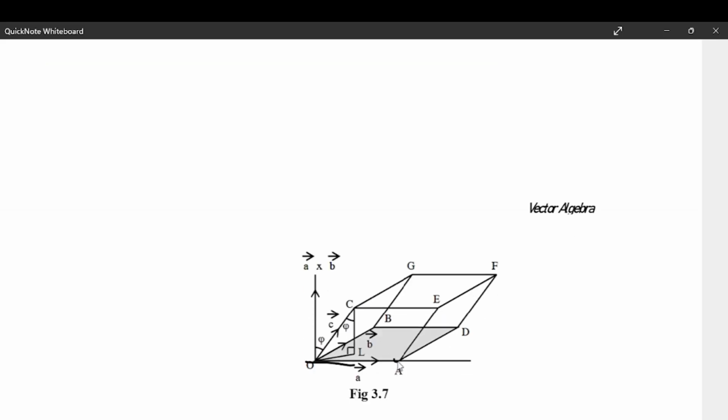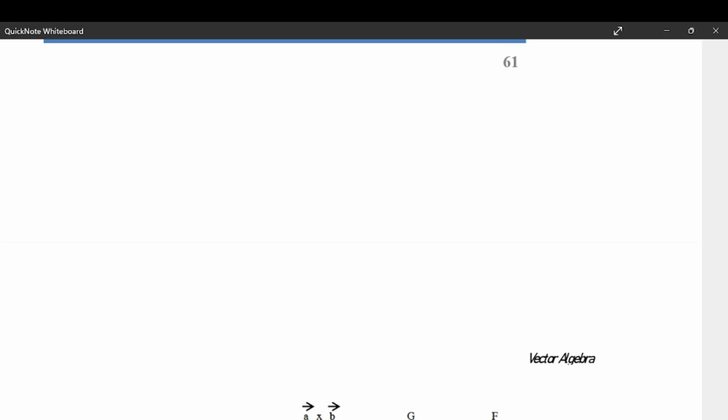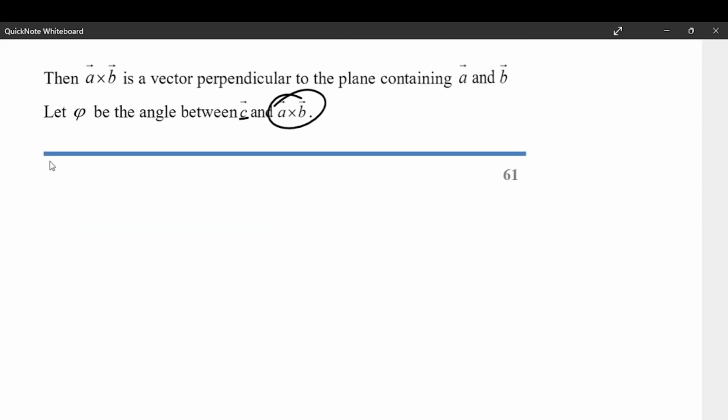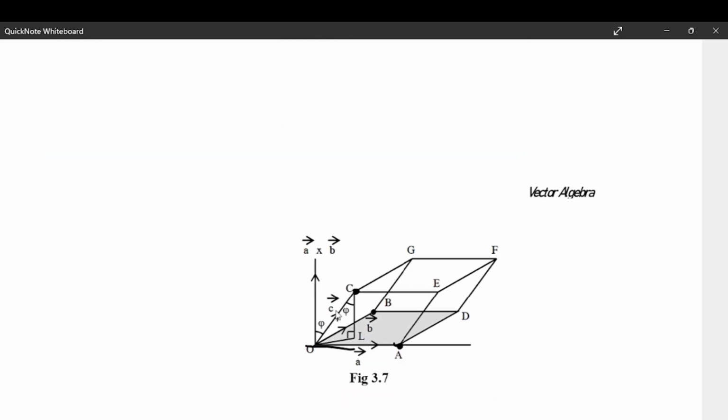So OA is this one, OB is this one, then OC. These are called coterminous edges of the vector. So A, B, C are the coterminous edges of the parallelepiped.